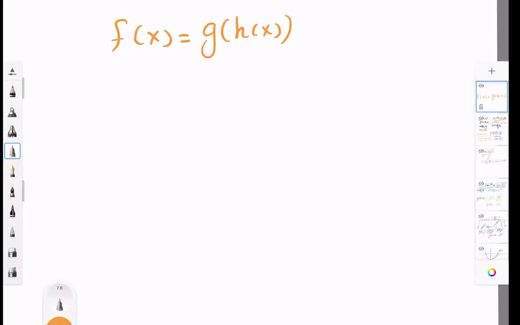Agreed. So we have two functions, g and h. When you combine them, we get f of x. So there's no problem here. We're okay with this.